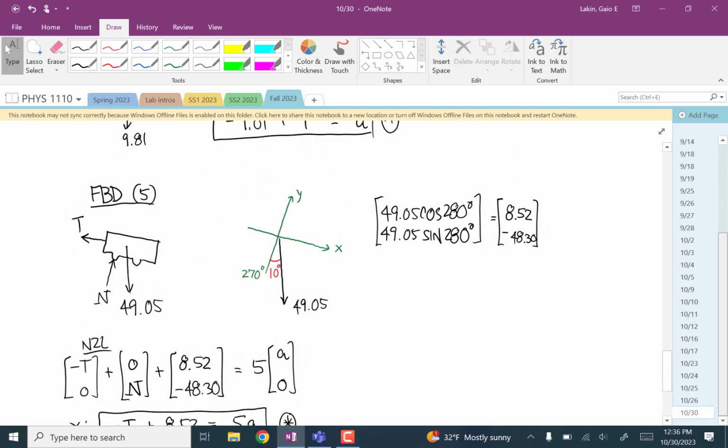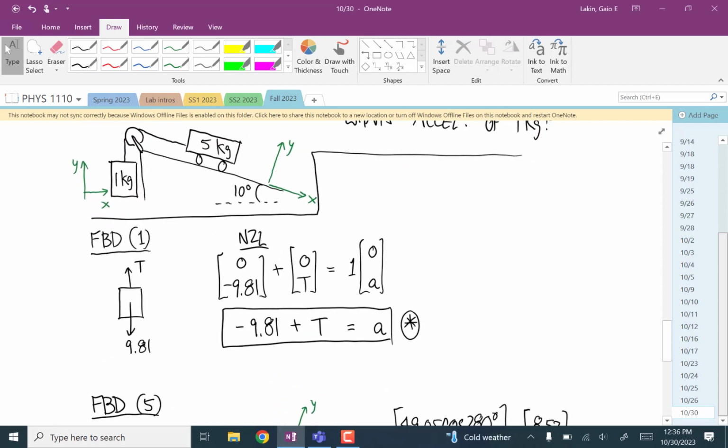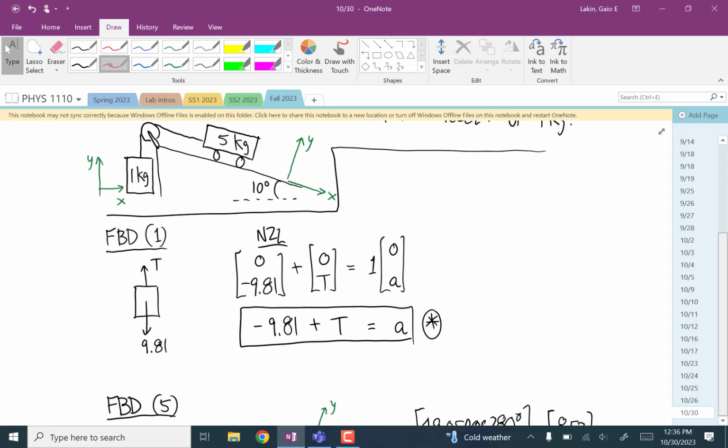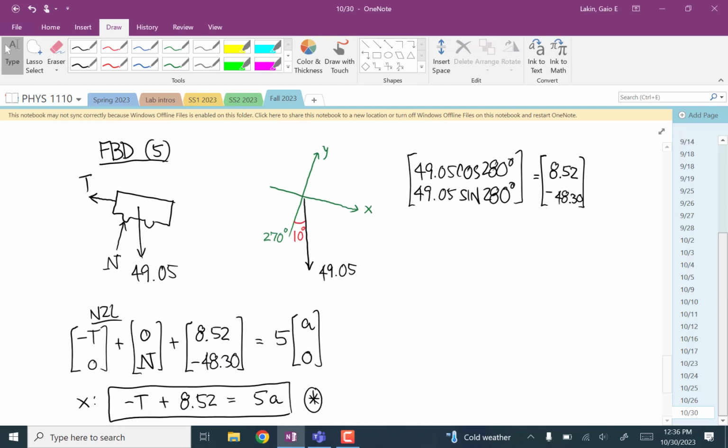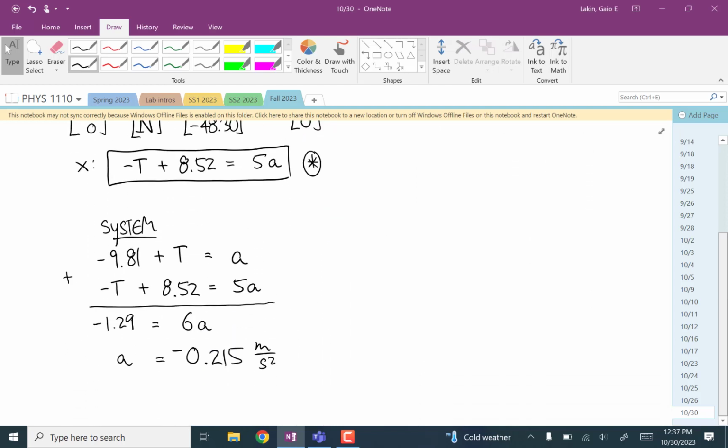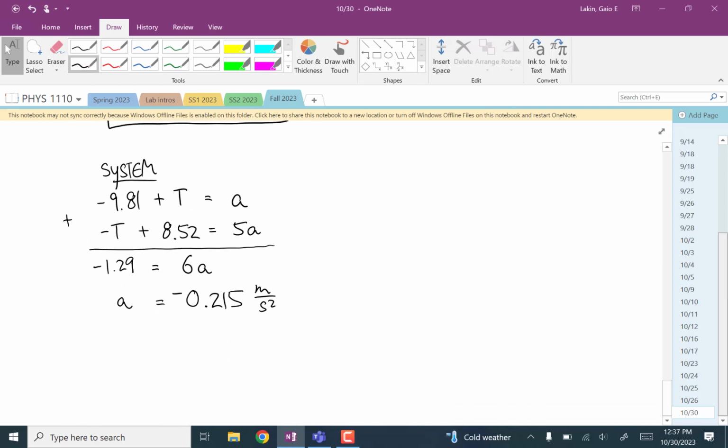The hanging mass had this acceleration. So now we just plug in that a value. And so the acceleration vector of the 1 kilogram is negative 0.215 meters per second squared.